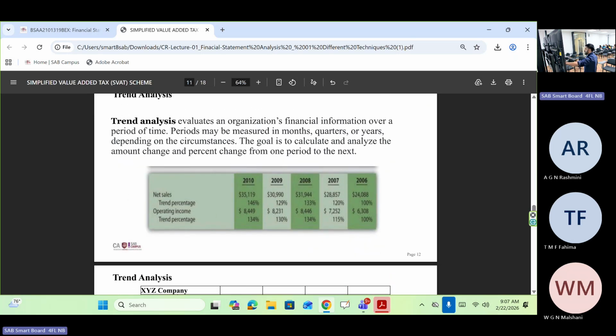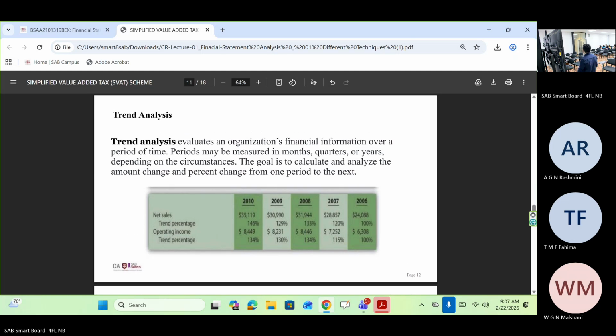Moving to trend analysis. Trend analysis, what do you mean by that? Once you are having different years, what you can do is analyze the trend.